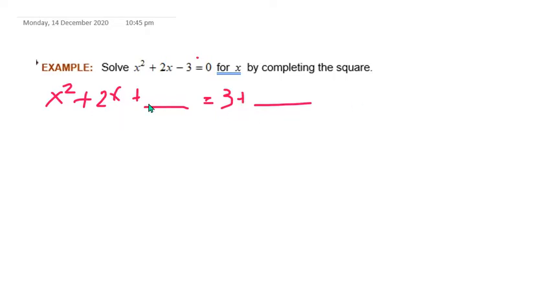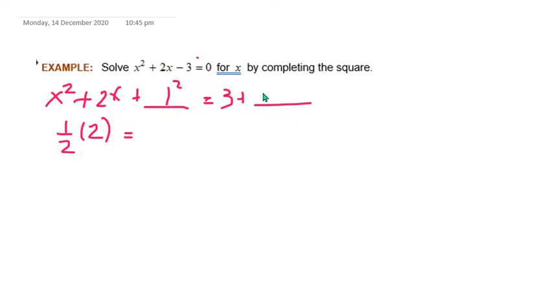And what is the blank here? The blank here is you're going to get 1/2 of the middle term, and since our middle term is 2, 1/2 of 2 is 1. And we're going to square this. Since this is an equation, what you add to the left side, you are also going to add to the right side.